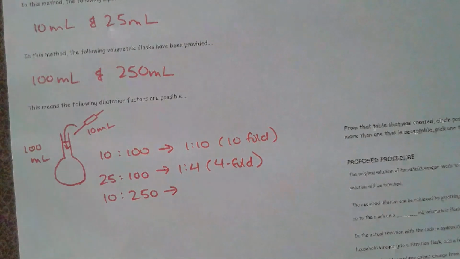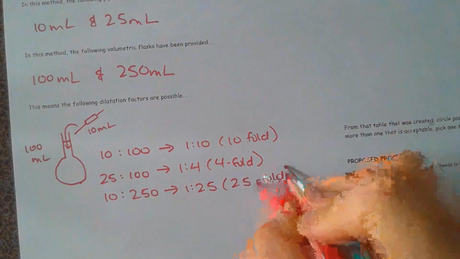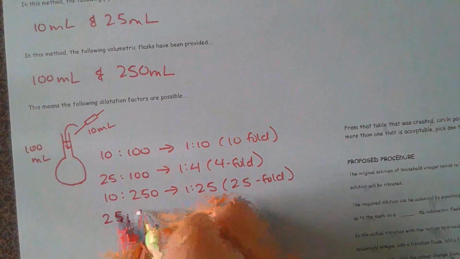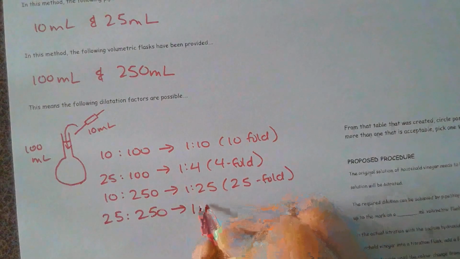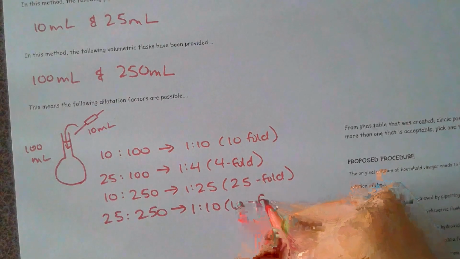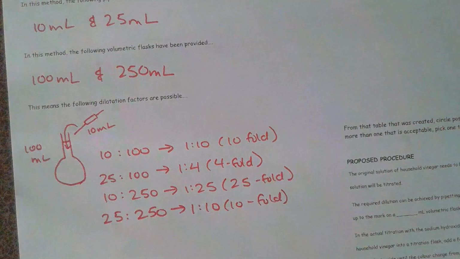Are you guys seeing how we're getting these numbers? So that's a 25-fold dilution. And then my last option is 25 into 250. So that is a 1 to 10 dilution again. So I have two options for my 10-fold, don't I? And that's useful to me. Are you okay with that so far? Yes. Thank you.